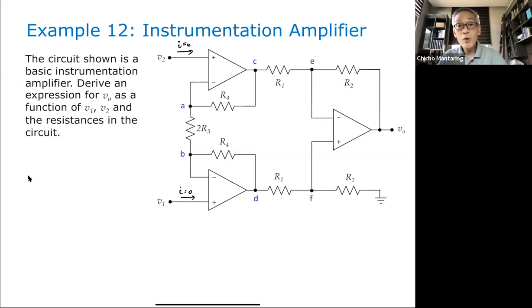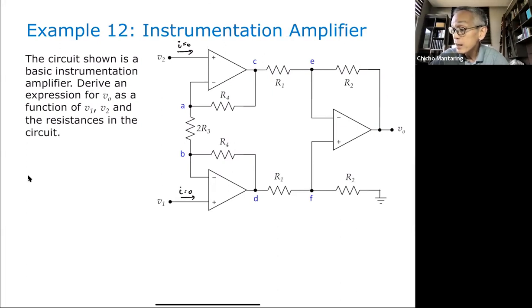I'm going to leave this as an exercise for you to do. But the point is to determine the output voltage with respect to V1, V2, and the circuit resistances. And like I said, first you check that there is the requisite negative feedback, which happens in all of the op amps.